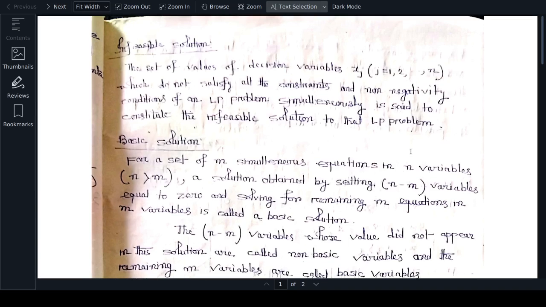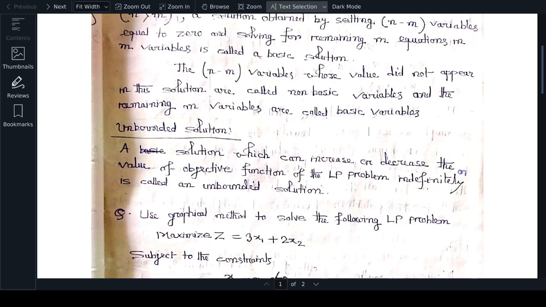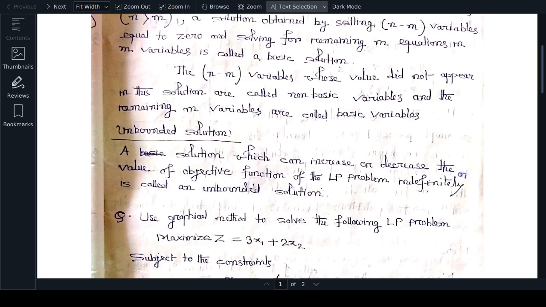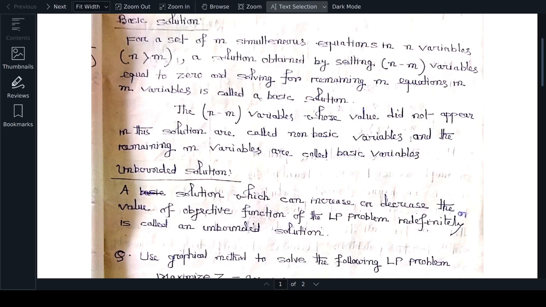In the next paragraph, x3 equal to 0, so the x3 variable will not appear in the next equation. Here in the next line we have written: the n minus m variables whose values did not appear in the solution are called non-basic variables, and the remaining m variables are called basic variables.